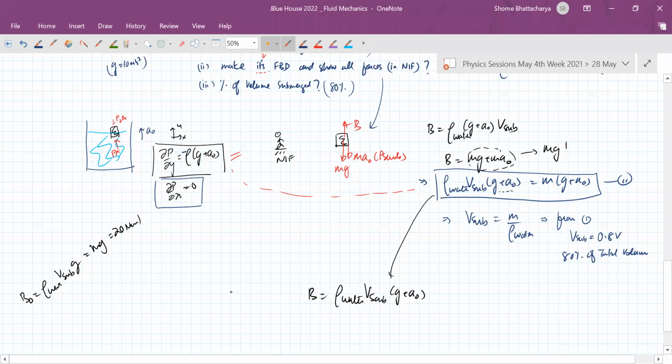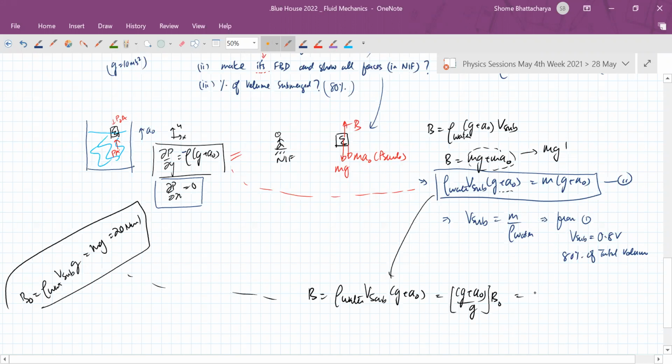So now in comparison to that, the buoyant force has changed to this much times the earlier value of buoyant force. So it has changed to 24 newtons. But accordingly, this buoyant force is equal to mg plus ma naught.